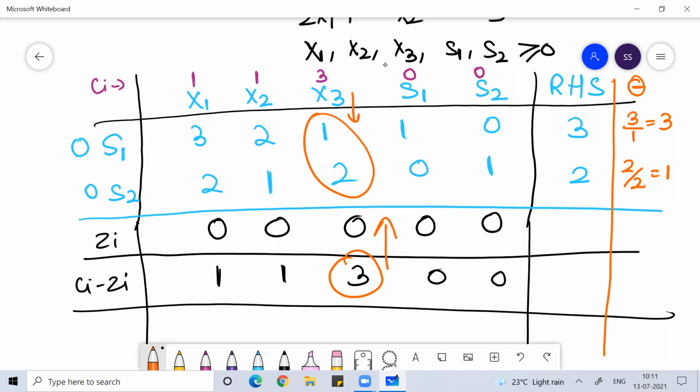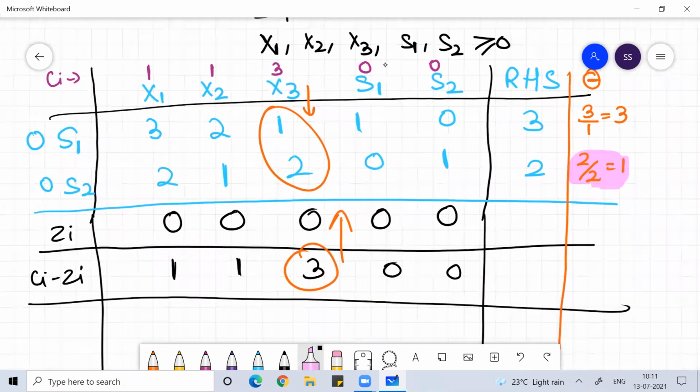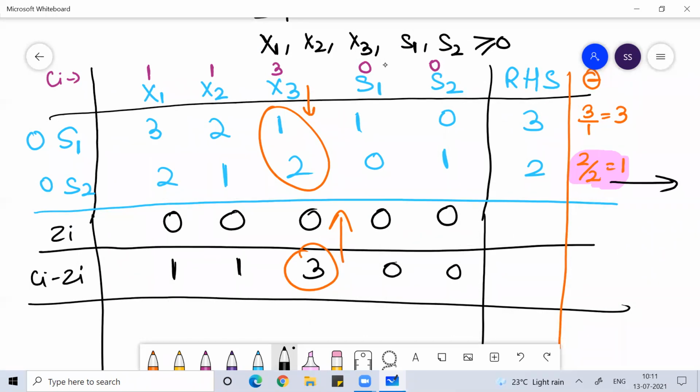So see where the theta is minimum. The theta is minimum for S2, which means S2 is going to leave the solution, and S2 is going to be replaced by X3.